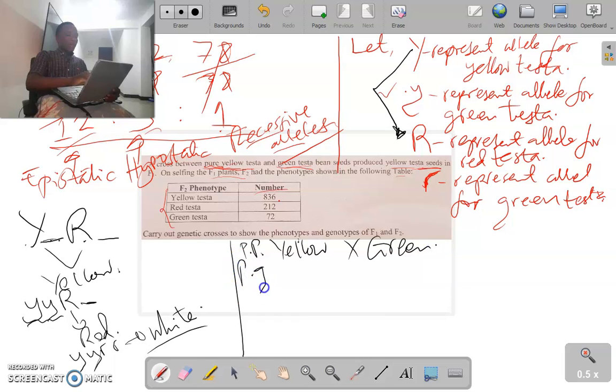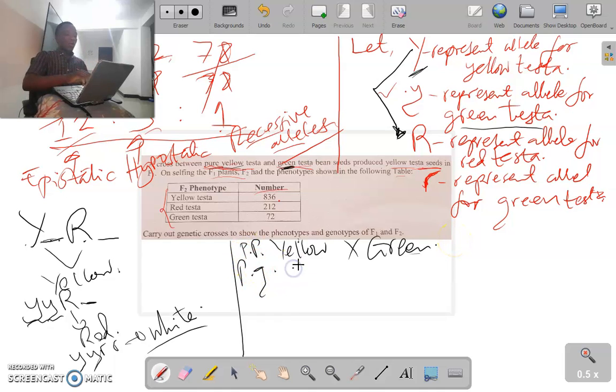But now for the parental genotype, it has been stated in the question that we had pure yellow, which means homozygous for yellow. So everything was homozygous. And then we have green. We know green is just recessive, so everything was recessive for green, so no problem at all.